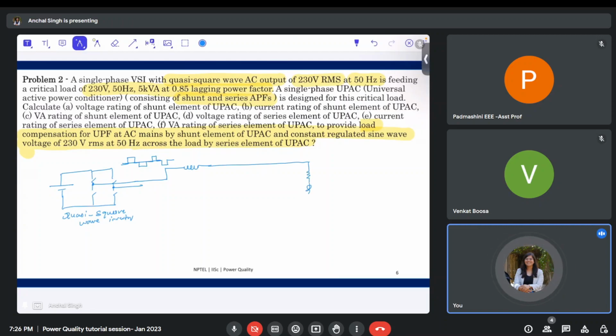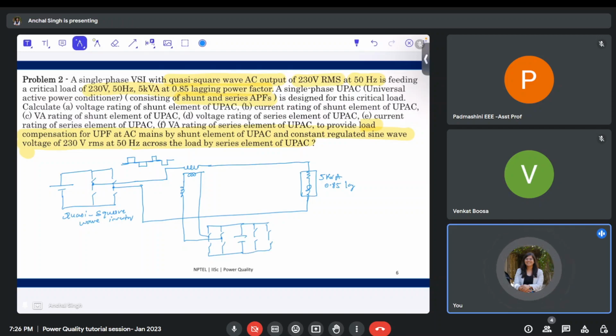Since it is again 0.85 lag in 5 kVA, the load will be same. Now then there is a series injection transformer. This is a series filter, shared DC link, series interface inductor, and then there is the shunt filter.